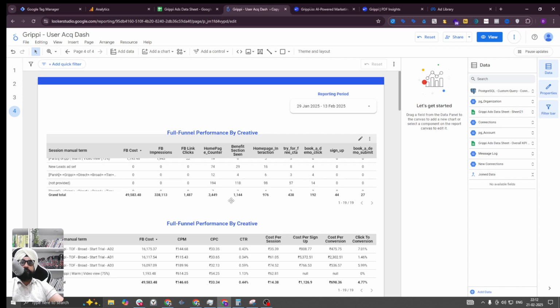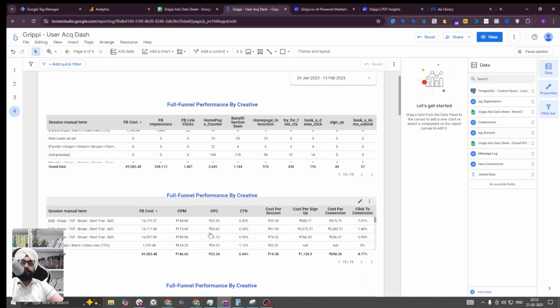In terms of click through rate, ad 1 is having 0.34, ad 2 is having 0.43, ad 3 is having 0.59. All right. So we know that ad 1 is the least performing one in terms of click through rate. But CPC is similar. The spends have also been similar. Right. The CPM is cheapest for ad 1.